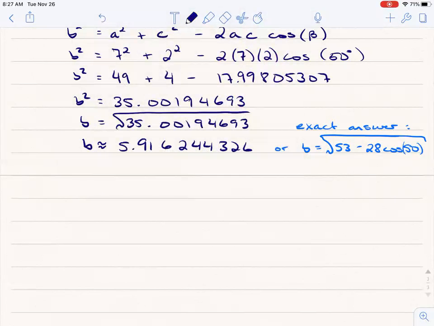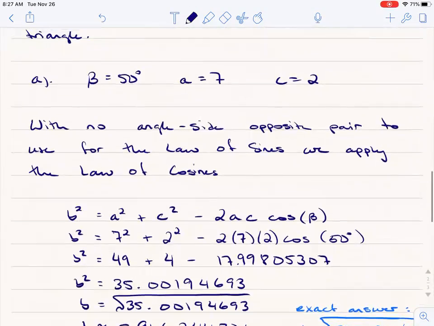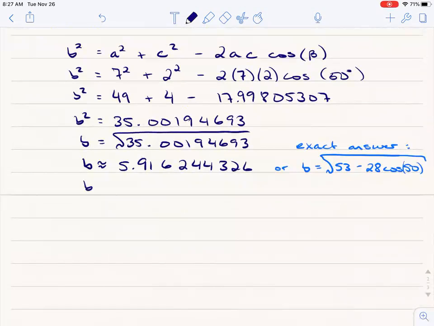Any questions about solving for B before we move on to alpha and gamma? No, because I asked for hundredths. So we are going to round it to B is approximately 5.92.